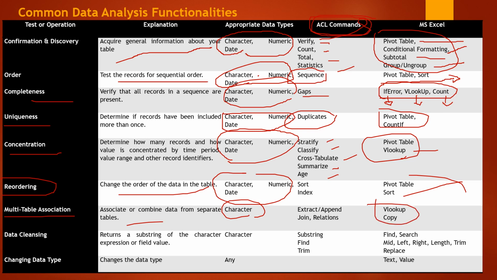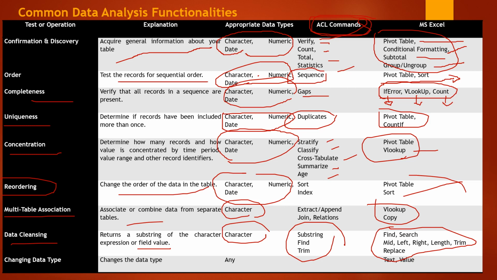When we want to cleanse the data, cleansing returns a substring of the character expression or field value. So we look at character. In ACL commands, substring, find and trim. For us, find, search, mid, left, right. We used that in our previous AIS.